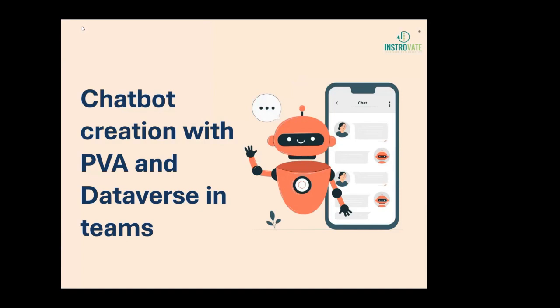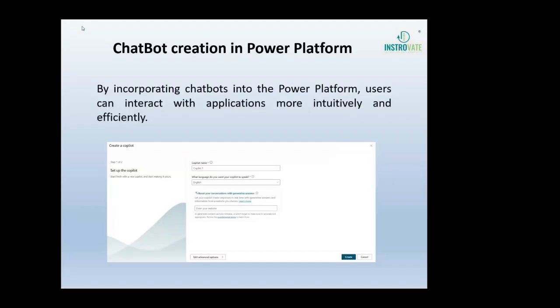So let's move forward and see how you can create a chatbot with PVA and Dataverse in Teams. This kind of UI you will get once you sign up in the Power Virtual Agents tool.